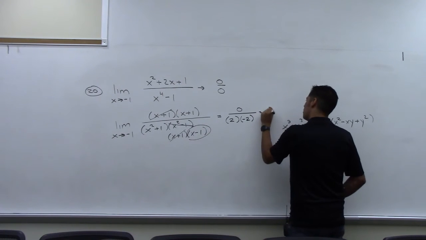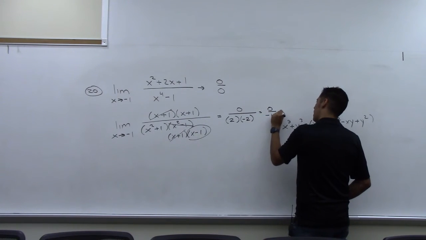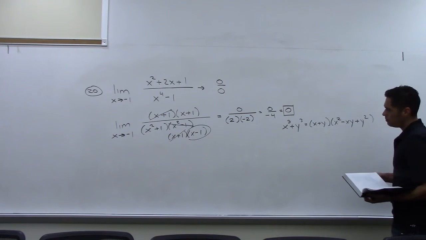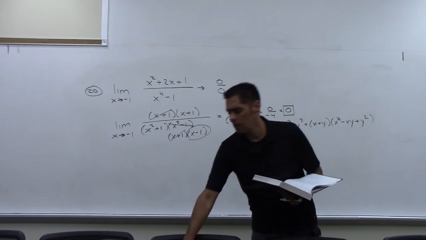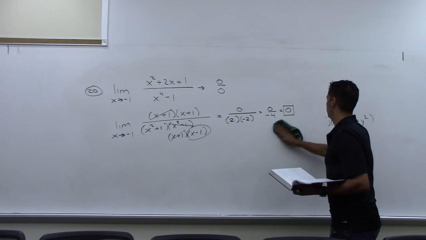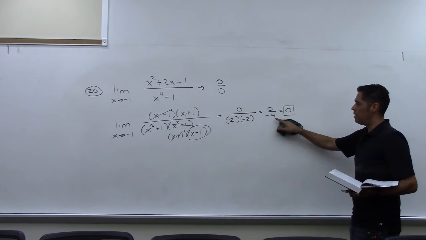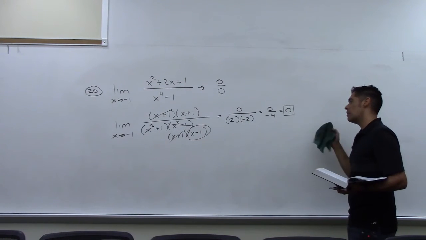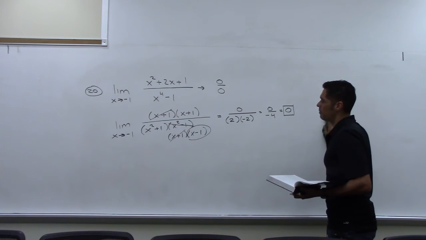So you get 0 over -4. That's okay, that's just 0. Remember, we can't have 0 on the bottom. If we have 0 over 0, we have to do something. 0 over a number like this, that's just 0, so we're good.